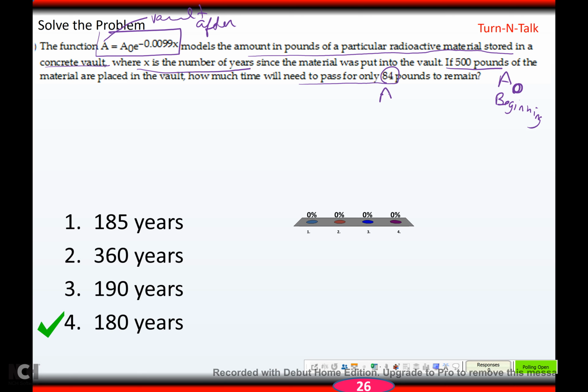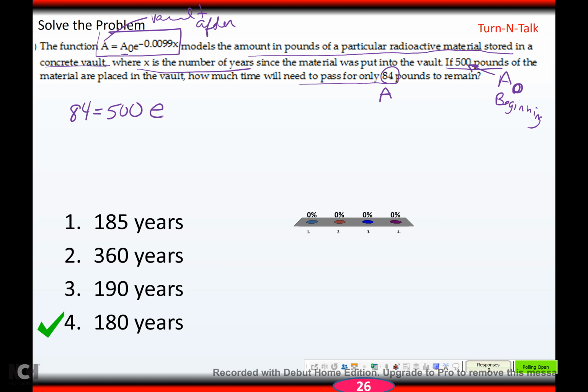So they're telling me what A is, and they're telling me what A sub naught is. If I plug those in, I want to know when 84 pounds are left from the initial 500 pounds. There's my A sub naught, e to the negative 0.0099x. We have to solve this for x, which is in the air. So to get it out of the air, I'm going to have to throw a natural log at it.